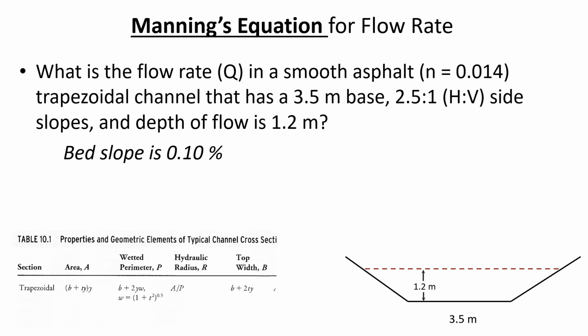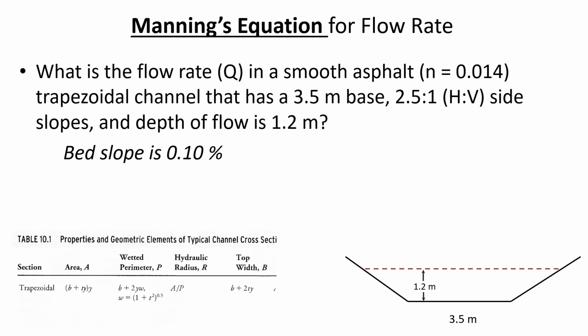So area is 3.5 times 1.2 plus 3 by 1.2. And then the wetted perimeter would be 3.5 plus 2 times the square root, because there's one on each side. Then we just find the length of this. The length of that is the square root of 1.2 squared plus 3 squared.